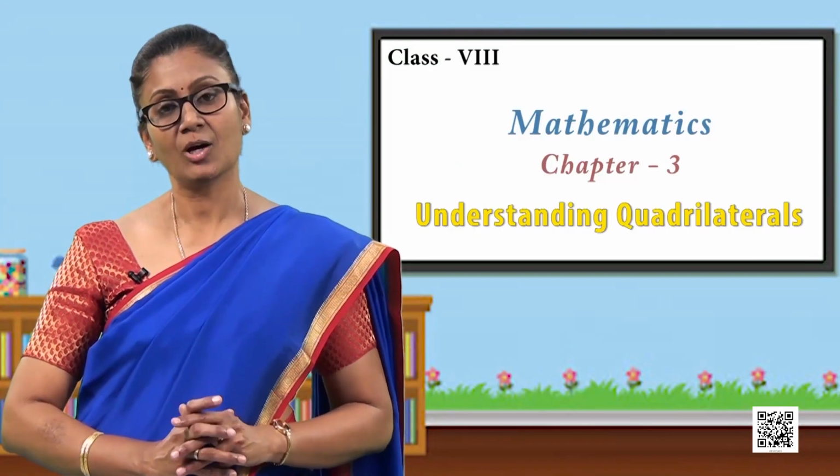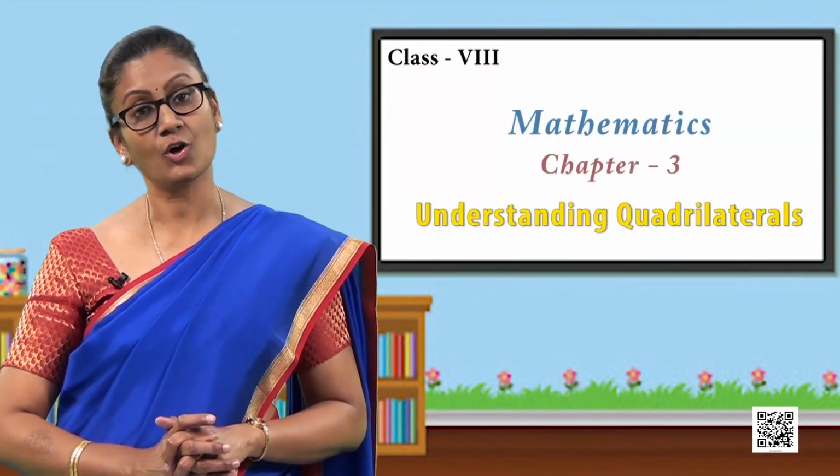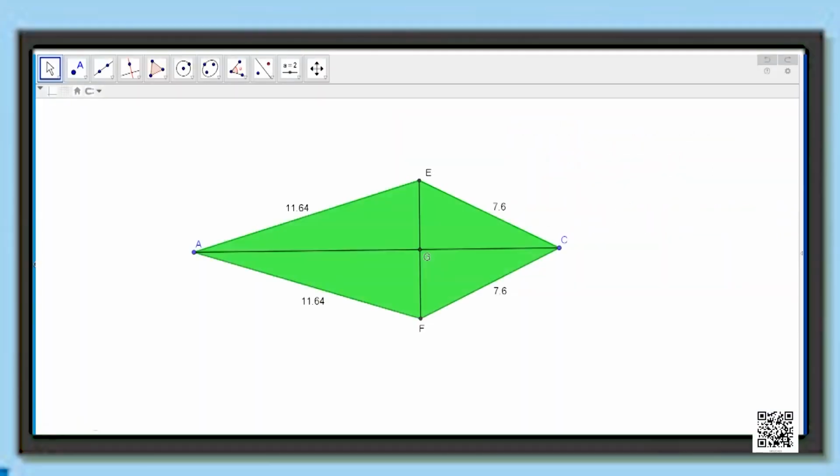So, children, now let us look at this video and try to explore the properties of a kite. Here is a kite A, E, C, F. Now, how can we say this is a kite? Yes, because 2 of its adjacent sides are equal, this quadrilateral is given the special name the kite.